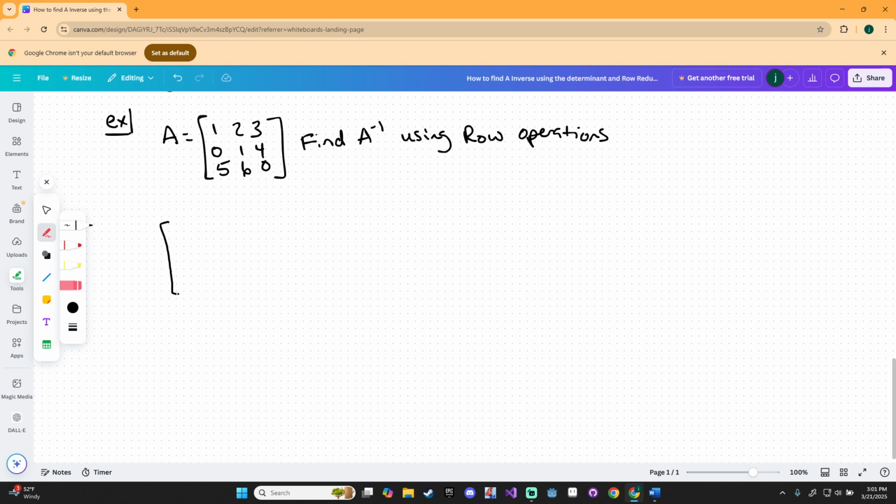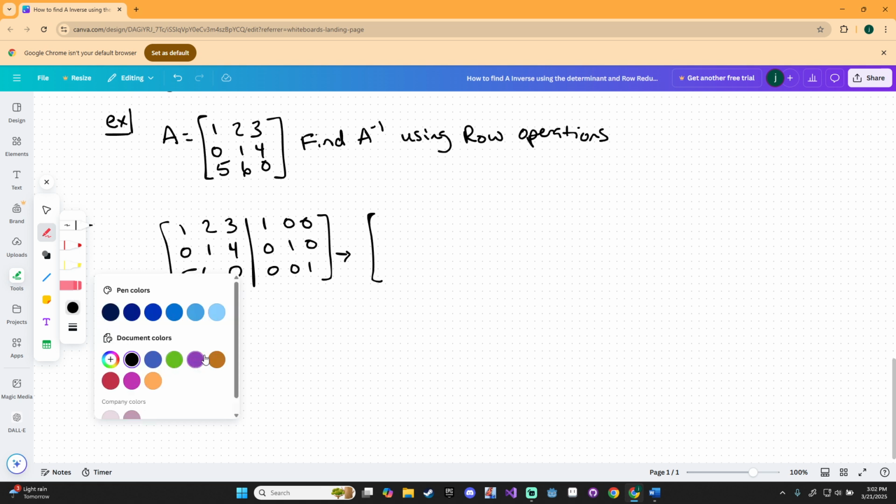So first thing we're going to do is set it up against that identity matrix. And we'll go a little quicker on this one. So first thing we want to do, get rid of this 5.